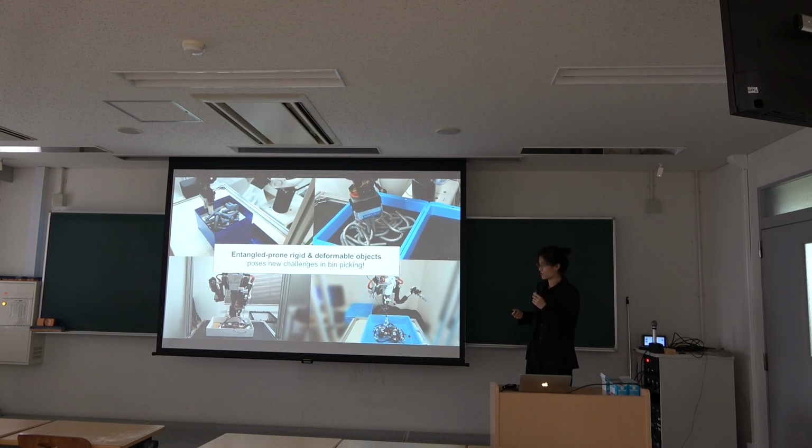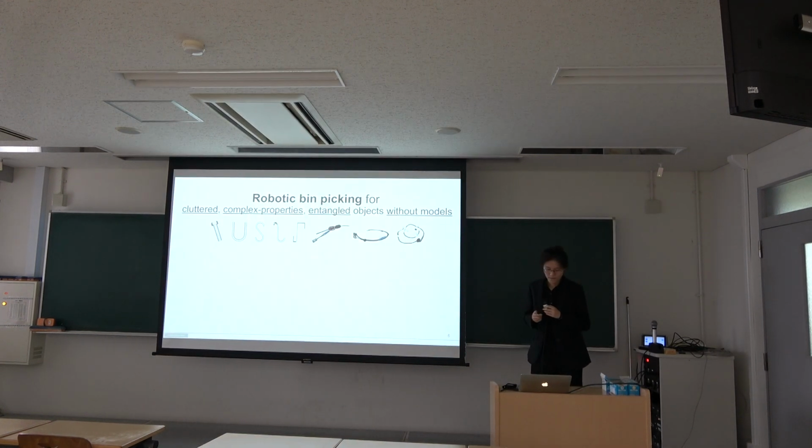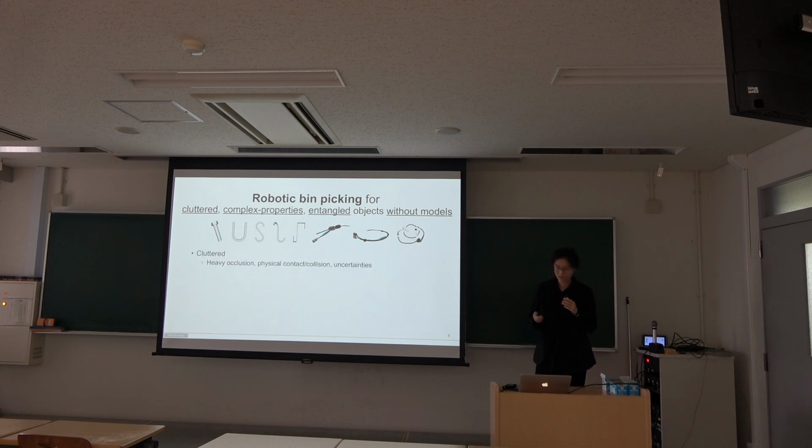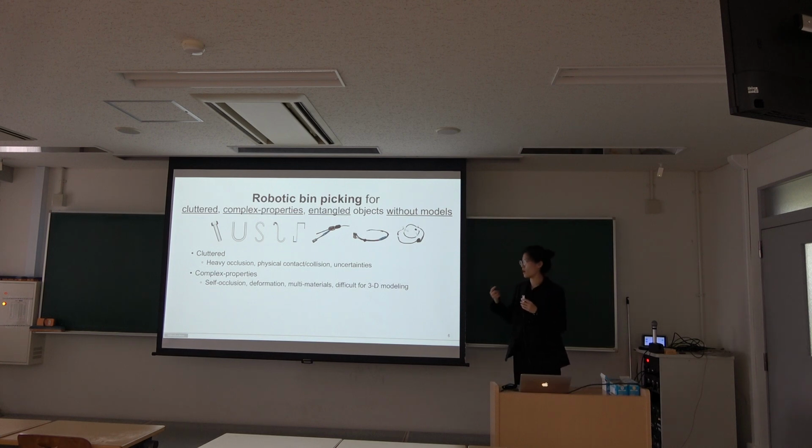And therefore, if you want to pick cluttered, complex and entangled objects without any models, what exactly are the challenges? First, the objects in clutter have heavy occlusions, and they always interact with the physical world, and there exist a lot of environmental uncertainties. And these objects have challenging geometries with self-occlusions, especially the deformable objects.